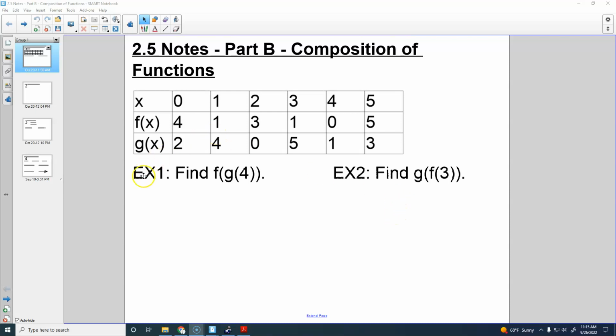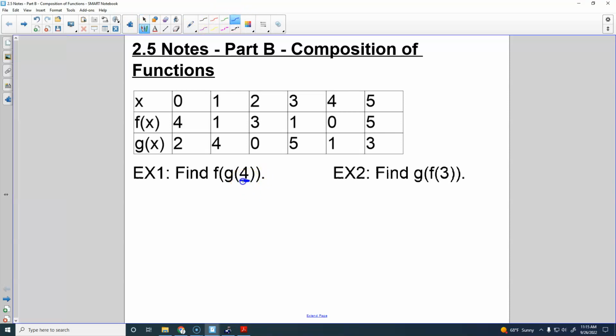So if I'm asked to find f of g of 4, what is the x value where we are looking at? 4, right? Our x equals 4. So if I'm looking at the table, I'm going to go right here to where x equals 4. Which function am I looking at? G. So those would cross right here.